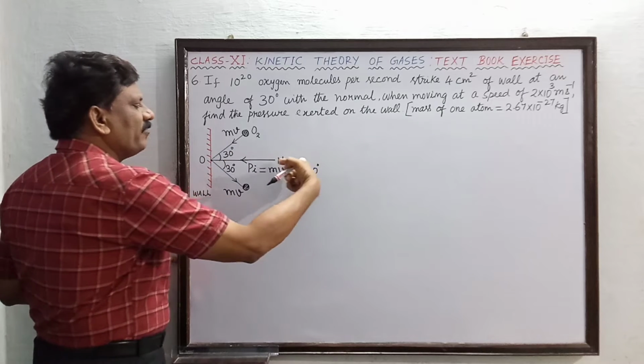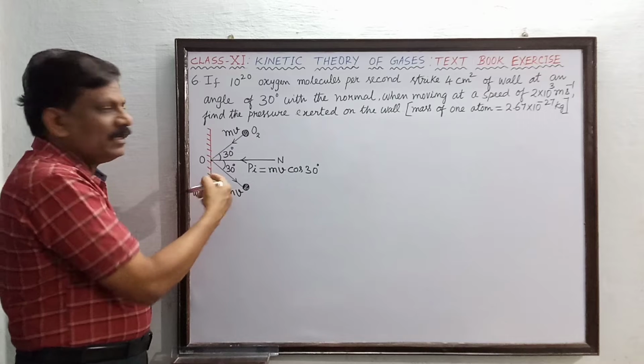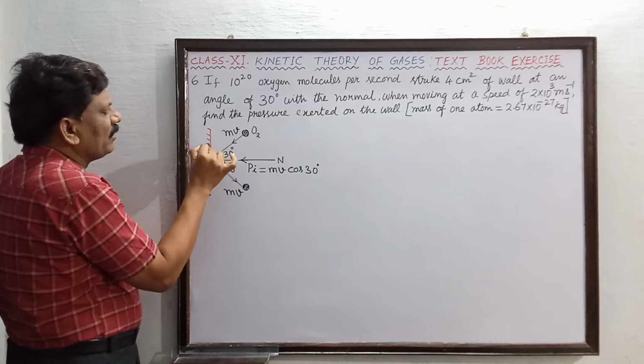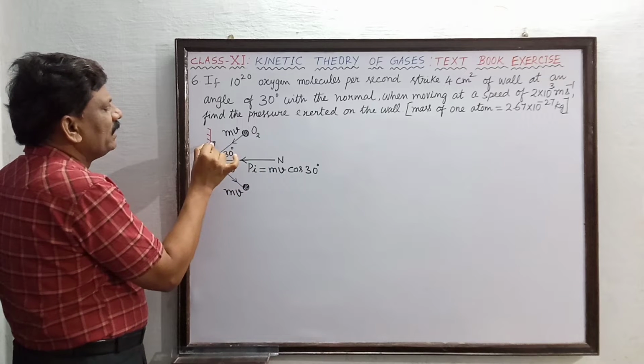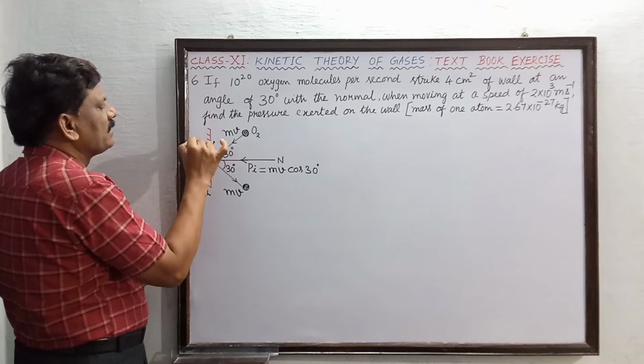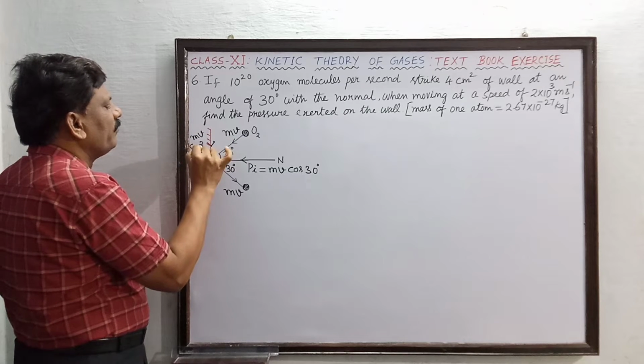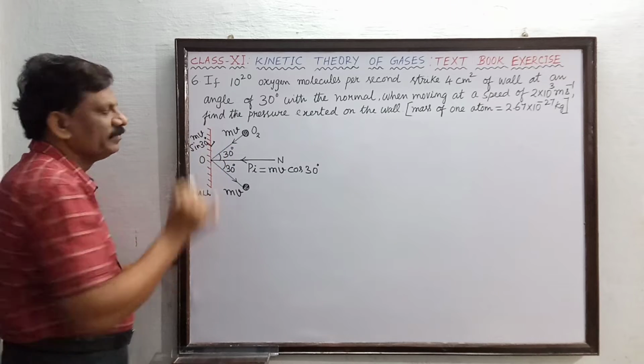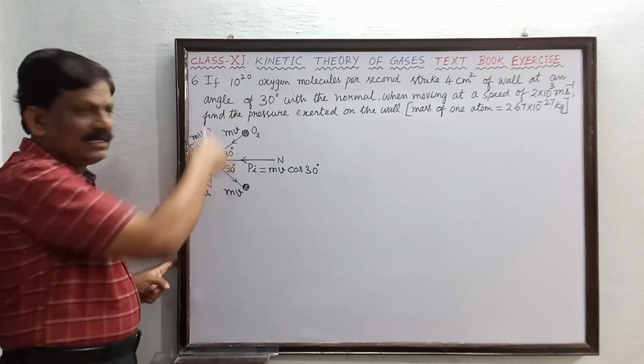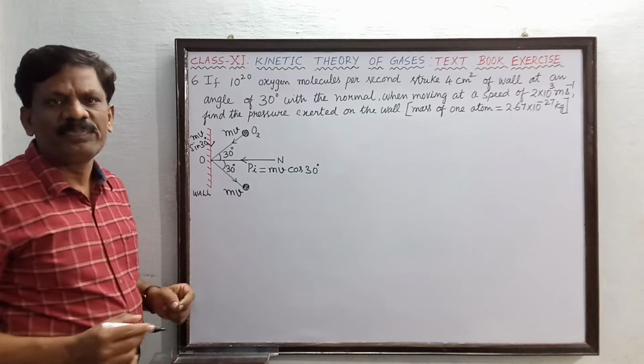This is acting from N towards O. And another component will be acting in this direction, and that is mv into sine 30, in the downward direction towards O.